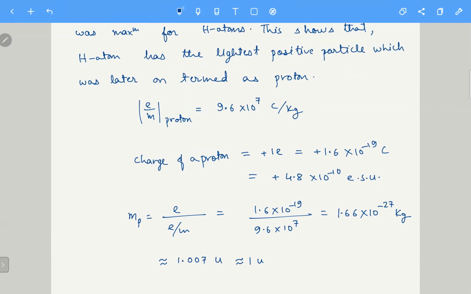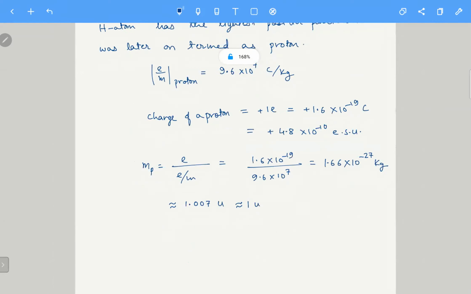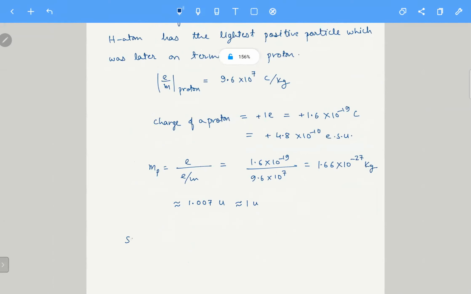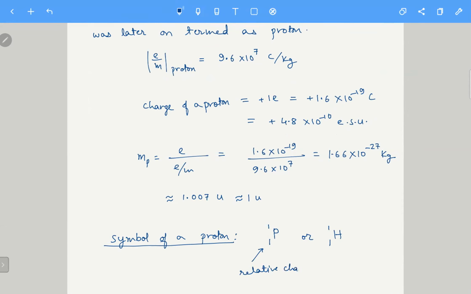The proton has a relative mass of 1 and relative charge of +1. The symbol is P 1 1, sometimes also written as H 1 1. The lower number represents the relative charge, and this is the relative mass.